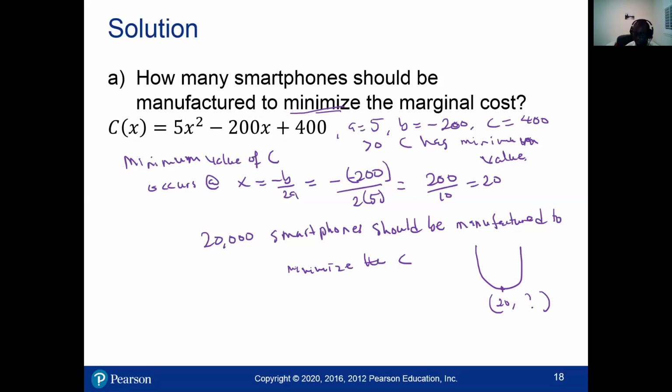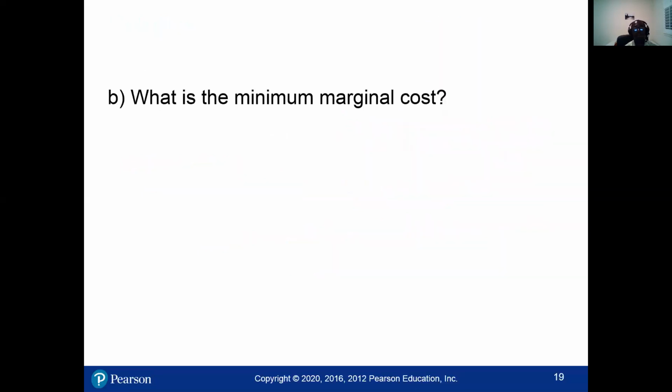Okay, perfect. So the question is, what's the minimum marginal value? Of course, that is when x is equal to 20. You don't plug in 20,000 because x is in thousands. So x is equal to 20. And what is that?